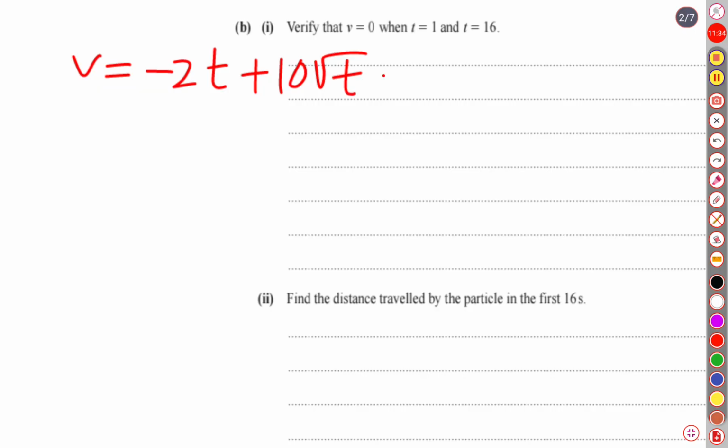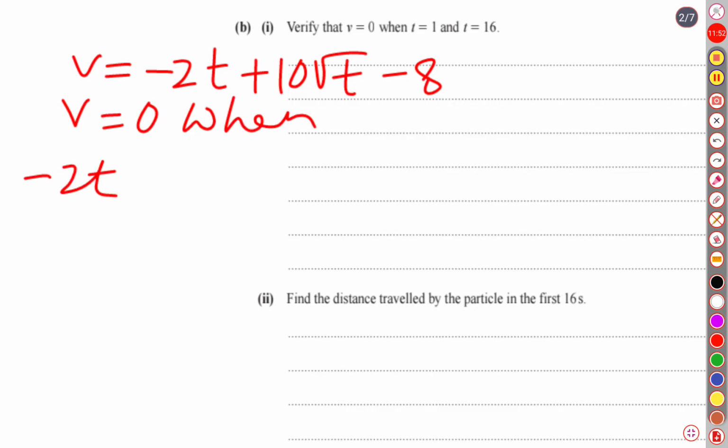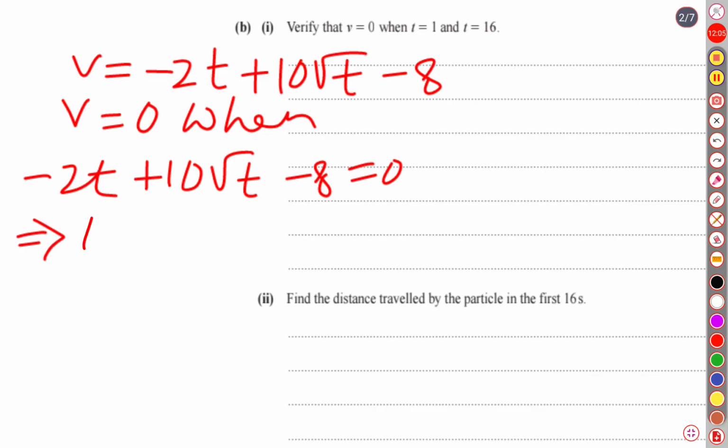Well, they have told that v is equal to 0, that means this portion is equal to 0. We can write it again. V is equal to 0 when minus 2t plus 10 square root over t minus 8 is equal to 0. Now we can simplify this, dividing every quantity by negative 2, it is going to be t minus 5 square root over t plus 4 equal to 0.